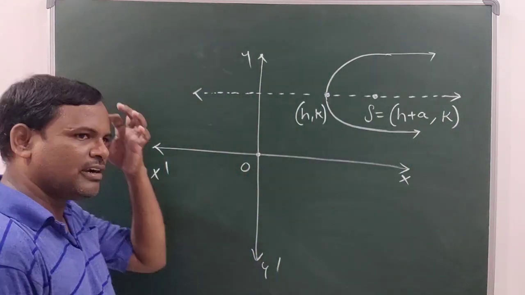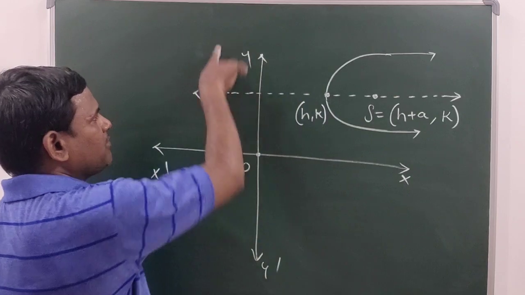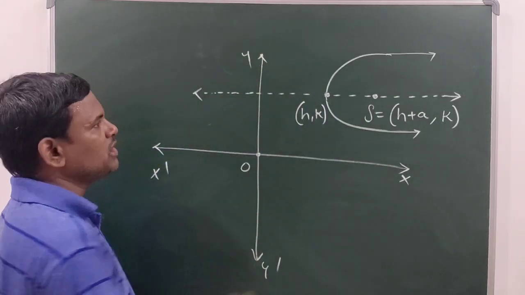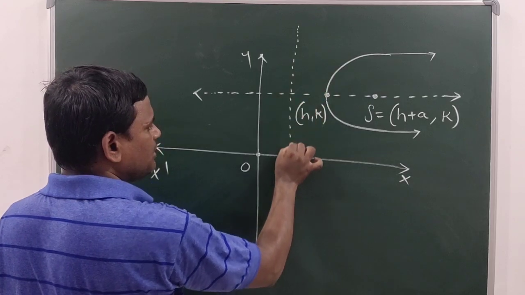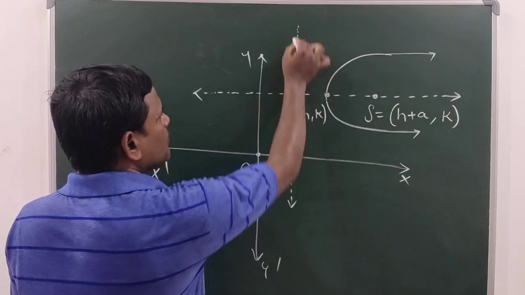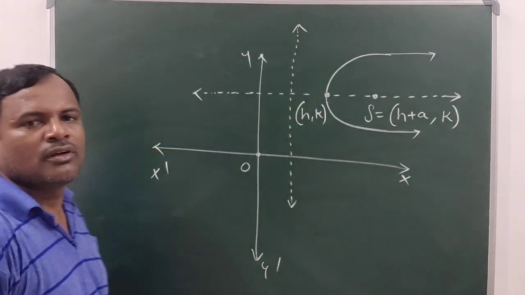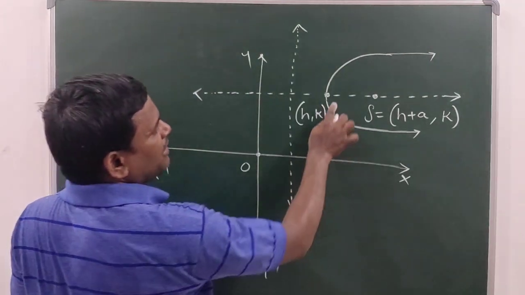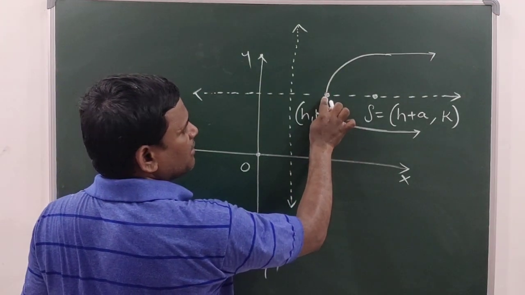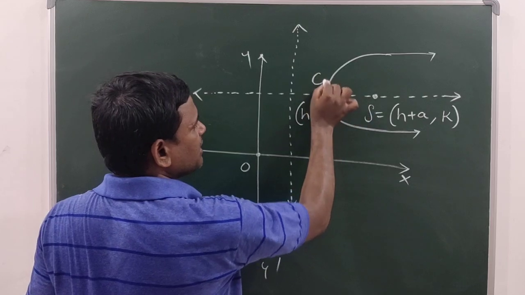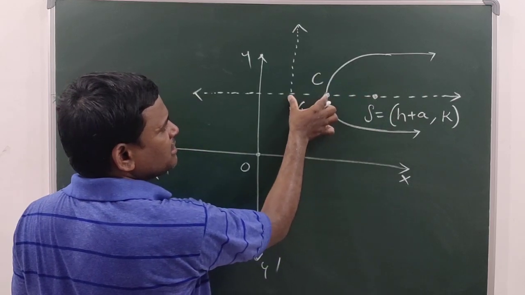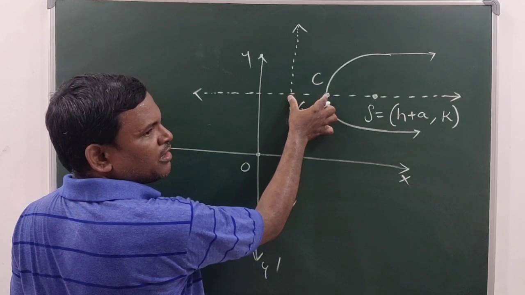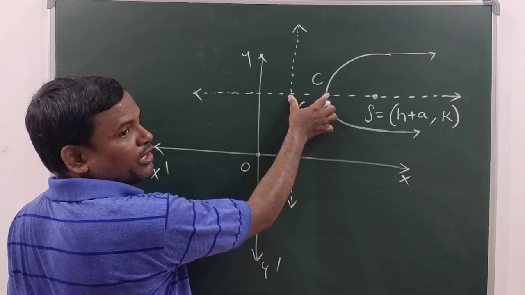And where do we get the directrix? Somewhere over here. So, shall I take it over here? Now, this is the directrix for this parabola. You know the distance from this center, shall I take the center as C, to this is small a. Hence, this length will be a only.